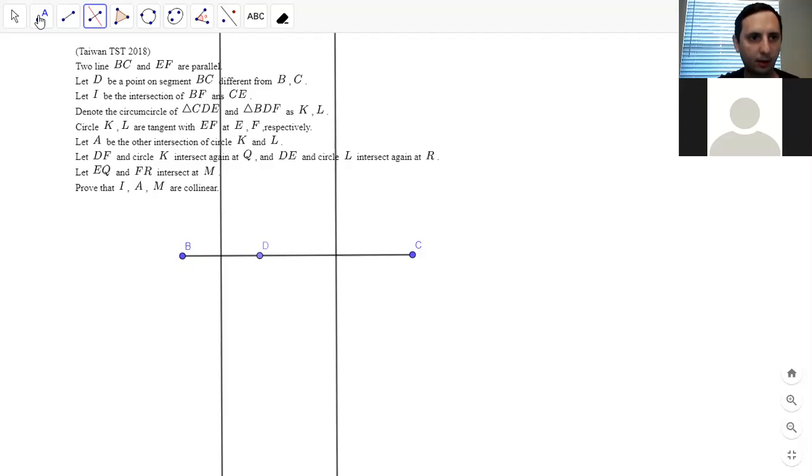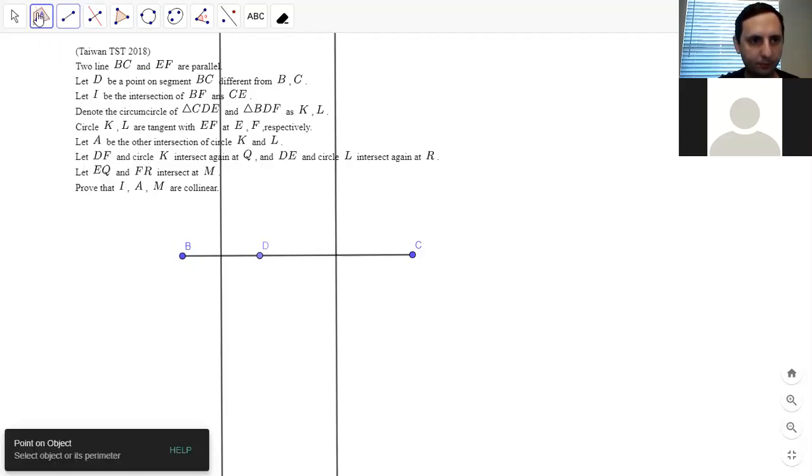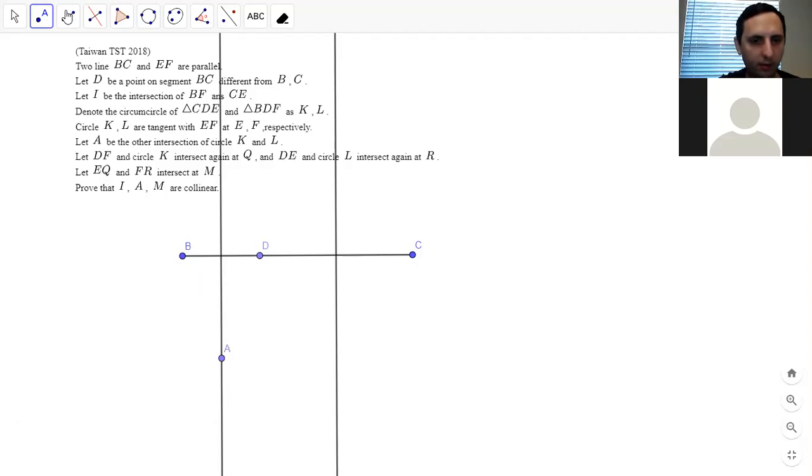And then I pick another point here, and then I draw the parallel.